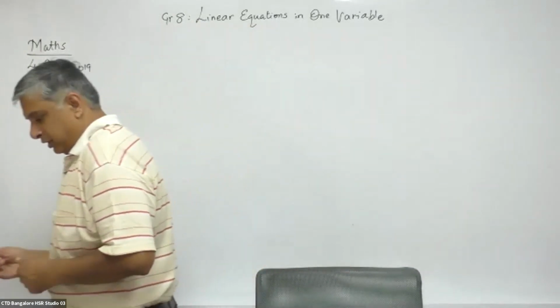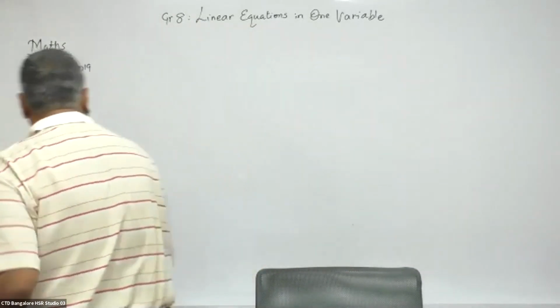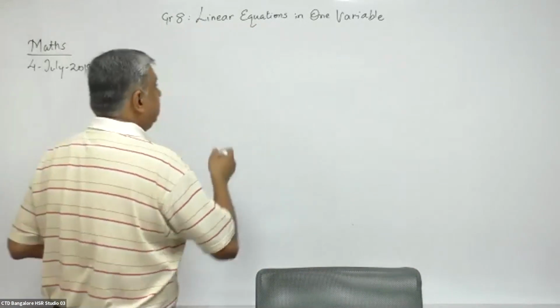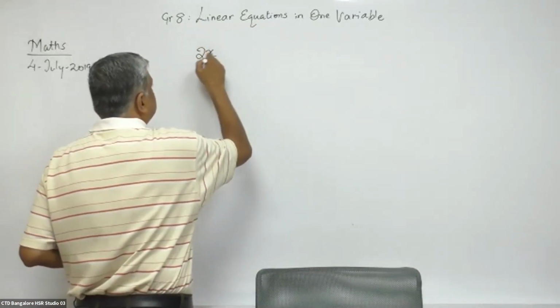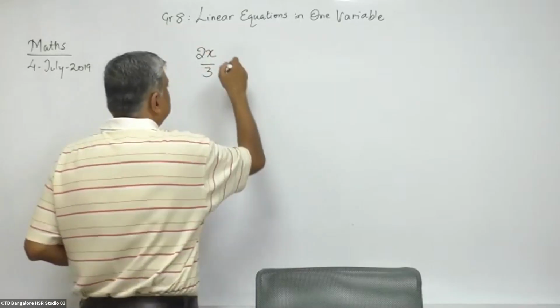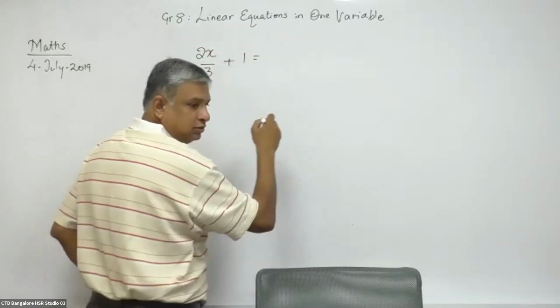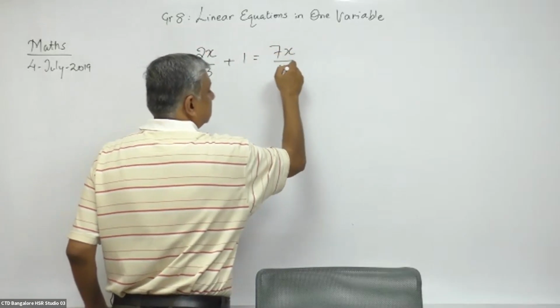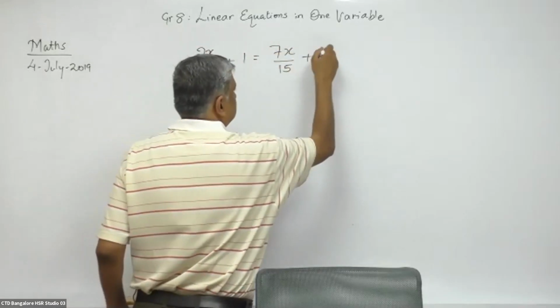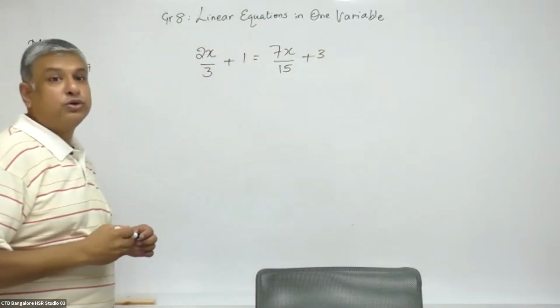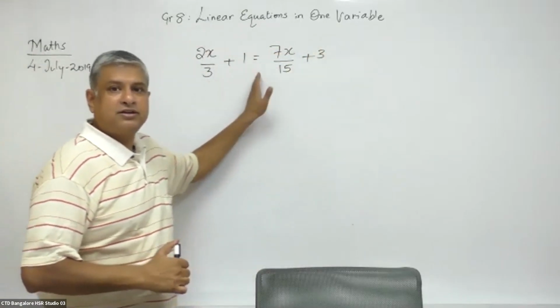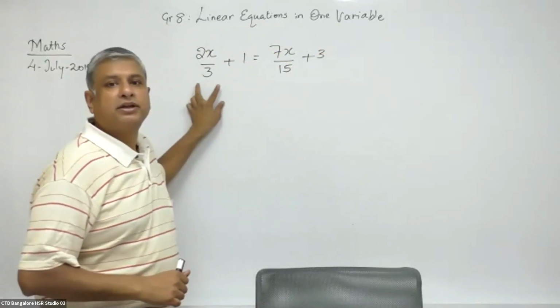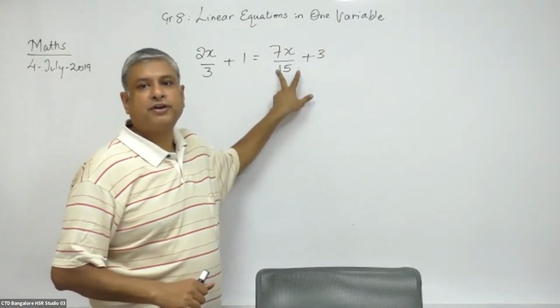So this question I'll write and you guys try. 2x by 3 plus 1 equals 7x by 15 plus 3. Again, you see fractions. Many fractions are there with different denominators. There is a 3 denominator. There is a 15 denominator.